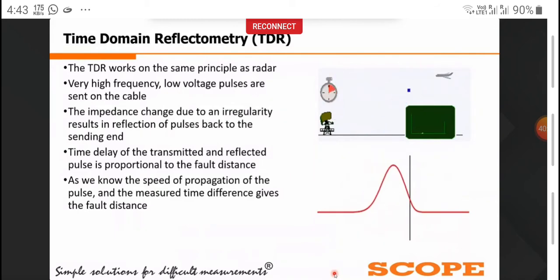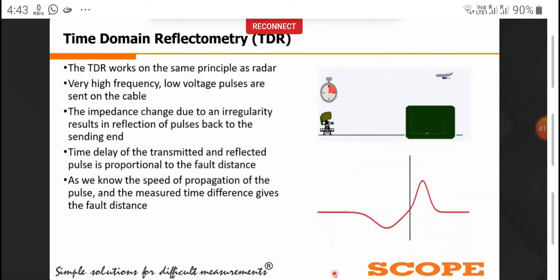Generally, the speed of the electromagnetic wave in XLPE insulation is around 86 meters per microsecond, and for other insulations like EPR or PVC it is lower than XLPE, around 70 meters per microsecond, or between 70 and 79. In the TDR process we enter the speed of propagation, meaning the velocity of the cable, in the instrument.